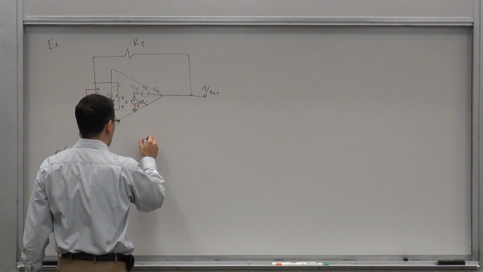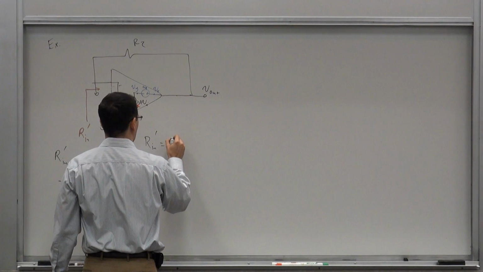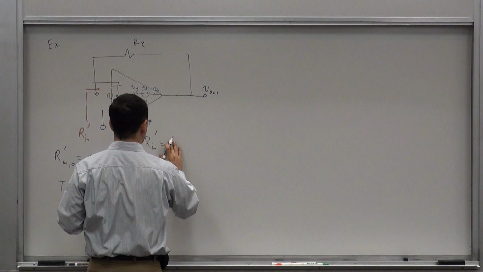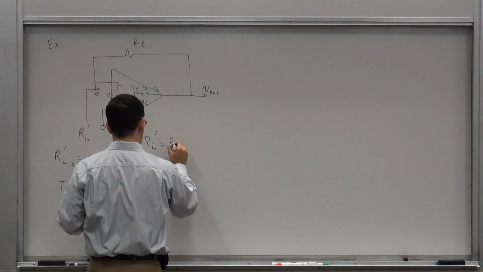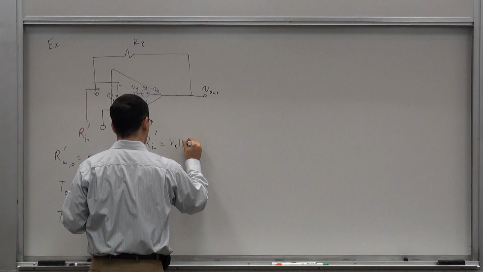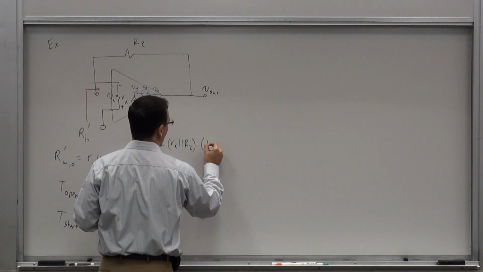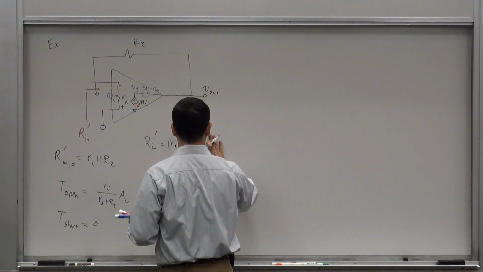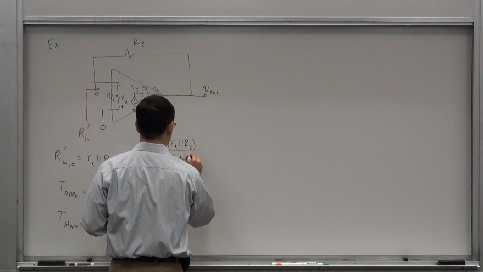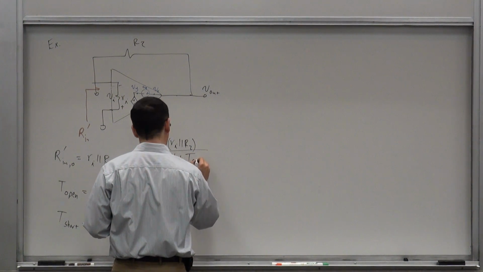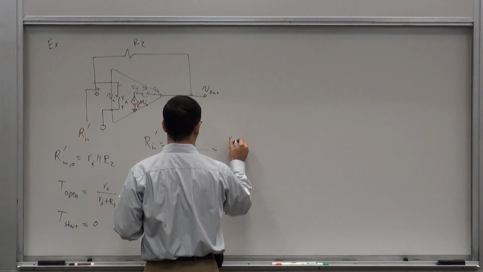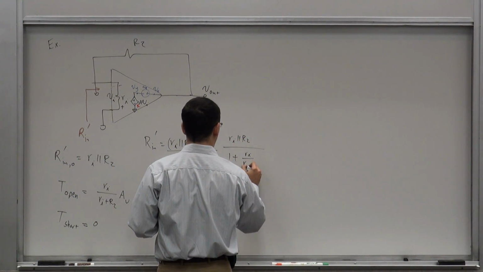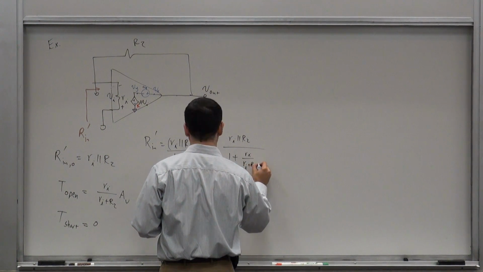So I'm done. Basically, my Rn prime is Ri parallel R2 divided by 1 plus T short, times 1 plus T open, which is basically Ri parallel R2 divided by 1 plus Ri over Ri plus R2 times AV.